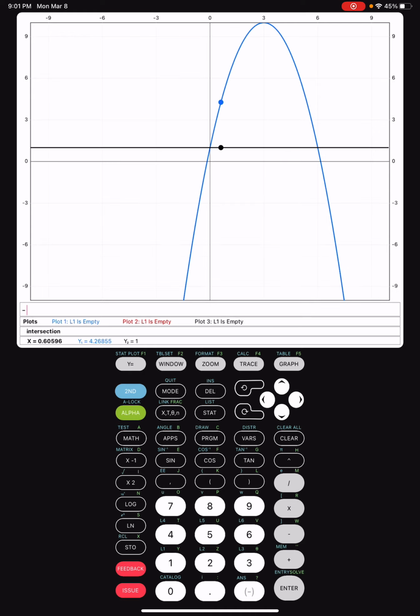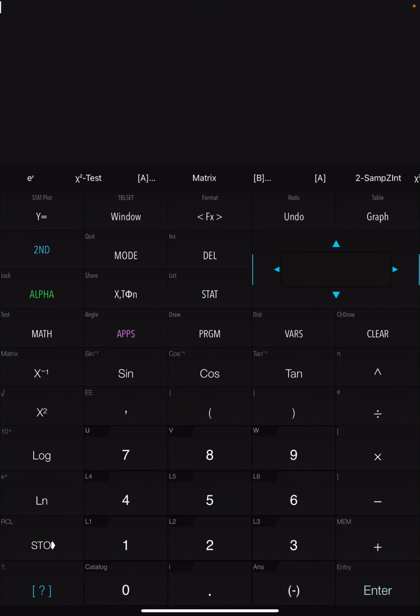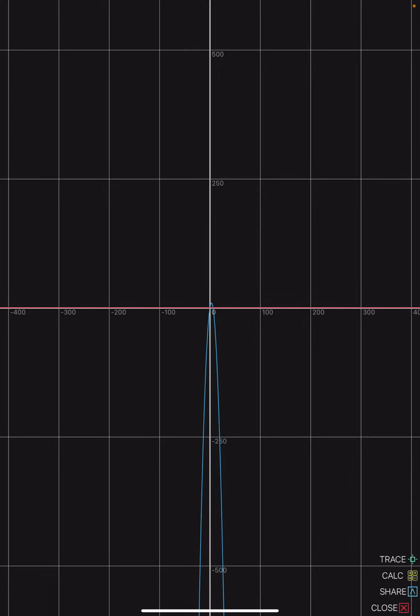Okay, let me see if the other calculator is a better one, because the computer calculator is a little different. So let me see if this works better. 1 plus 6x minus x squared, and then the second function is y equal 1, graph.